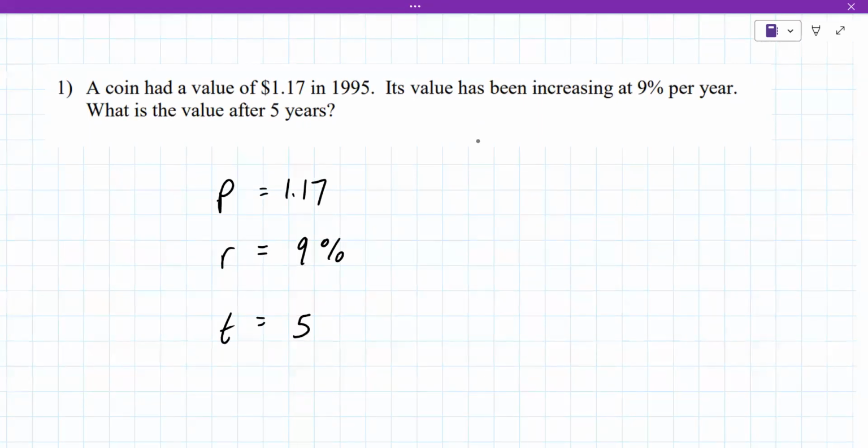Good. Now we can't work with 9%. What should we convert that to? 0.09. So your formula here is A equals P times 1 plus R to the T. Could you calculate that for us, please? And round to 2 decimal places because money is in 2 decimal places. Okay.